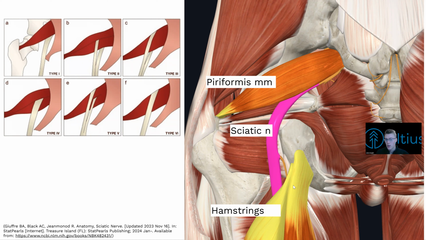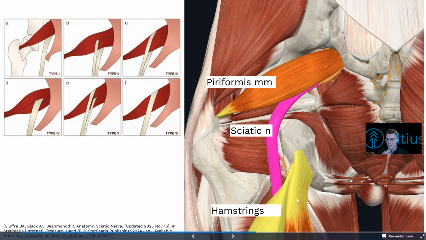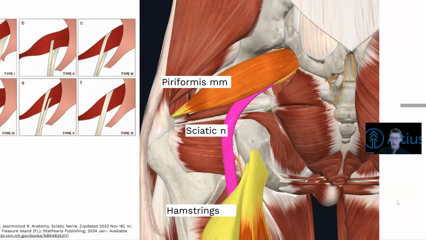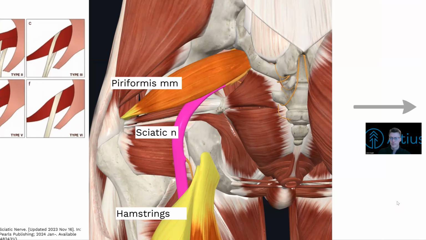To do so, usually the PT or your provider will see if active movement and force on the hamstrings provokes pain, or if tensioning the sciatic nerve causes your symptoms. So again, that's up to your provider to decide, but sometimes sciatica can be disguised as hamstring tendinopathy as well. Go on to the next thing here.